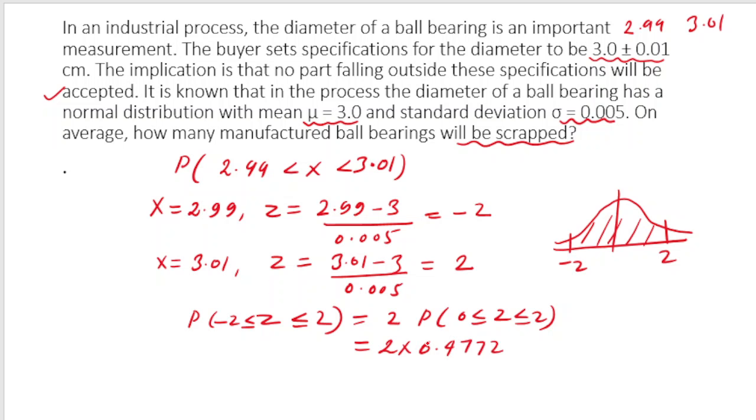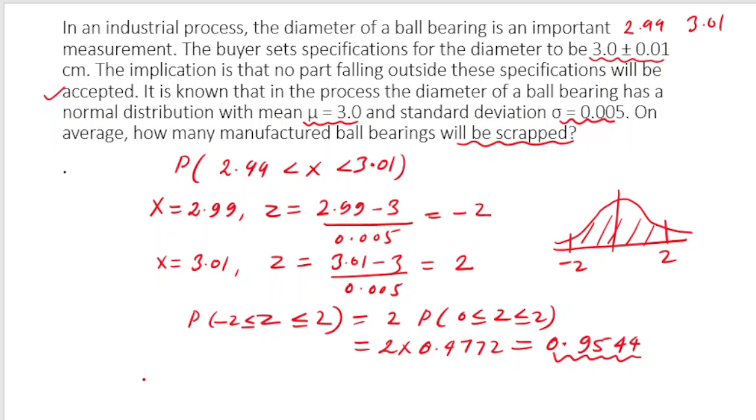I remember this because I already used it in the calculation. You don't have to remember, they will provide the table or this value in the exam. If they are not providing it, then you will not be able to solve it. So it is 0.9544. So the probability that z will take a value between -2 and 2 is 0.9544.